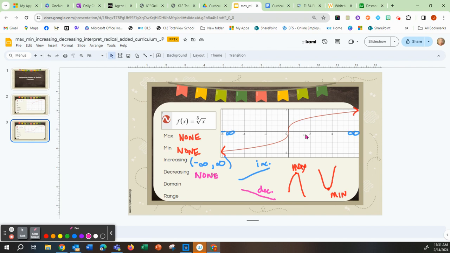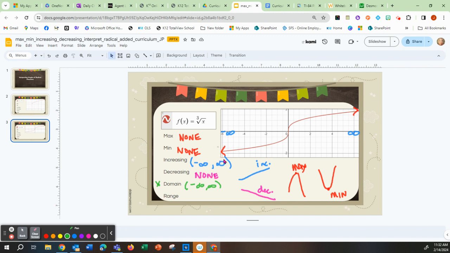All right, the domain are your x values. On this particular graph, since we have an arrow on the left and an arrow on the right, and we don't have any pieces to this graph, it's totally continuous. Our domain, our x's, are going to go from negative infinity to positive infinity. And our y's are actually going to do the same thing.